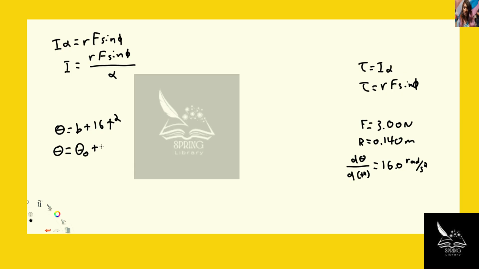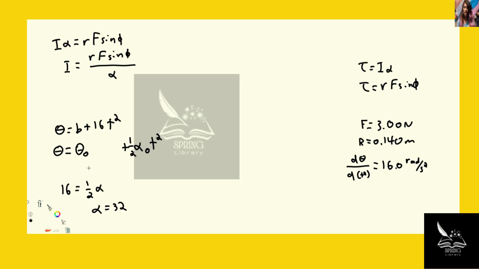Theta is equal to theta naught plus omega naught t plus one half alpha t squared. And given that it's starting at rest, the omega naught term is going to be 0. I forgot the 1/2, sorry about that. So we can see the similarity here and see that this 16 is going to go where the one half alpha is. So 16 must be equal to 1/2 alpha, or alpha must be equal to 32.